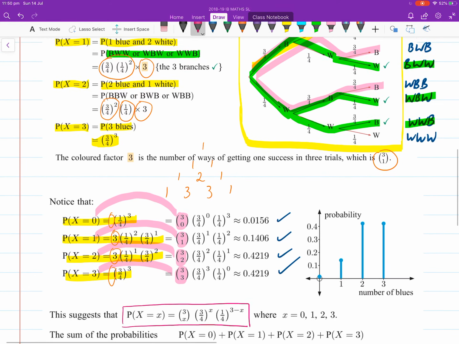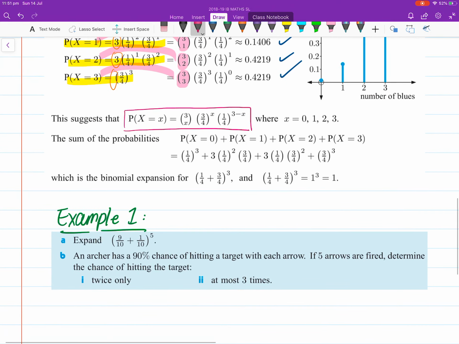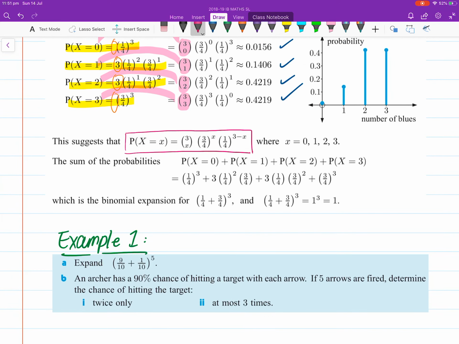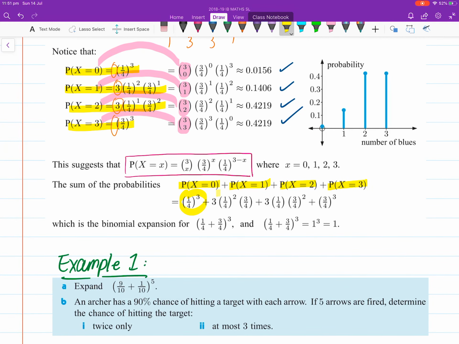All good. So what they do here is just the working out, to show that it adds up to 1. So you've got P(X=0) blues, probability of getting 1, getting 2, and getting 3. We're adding up these numbers from your binomial expansion, and you will see that it actually gives you 1.